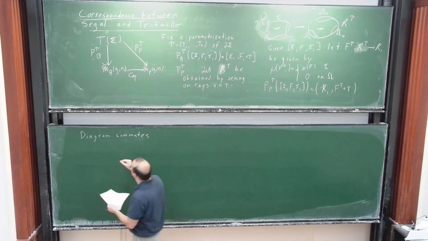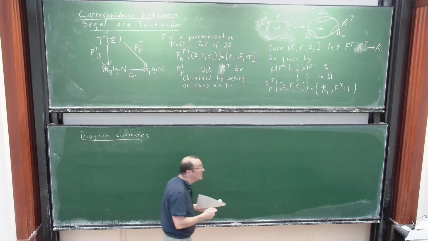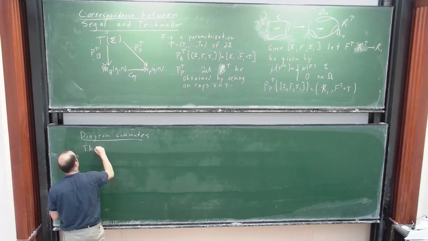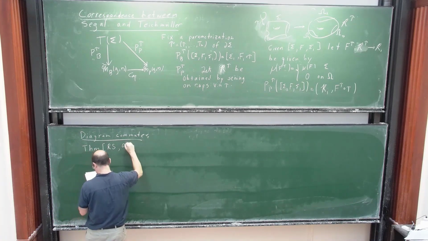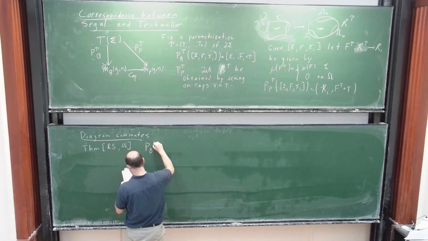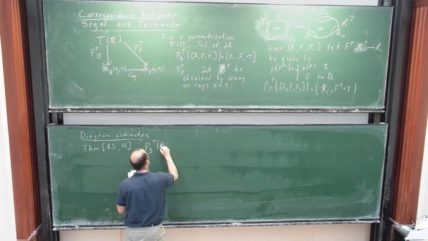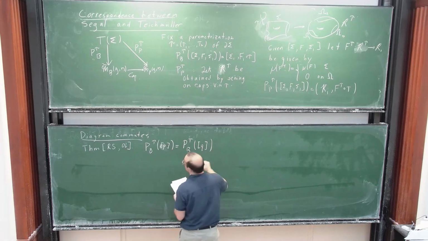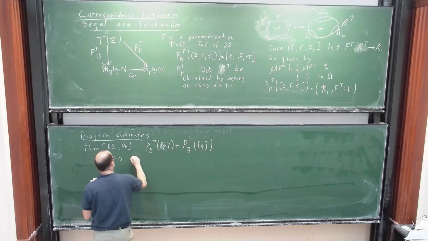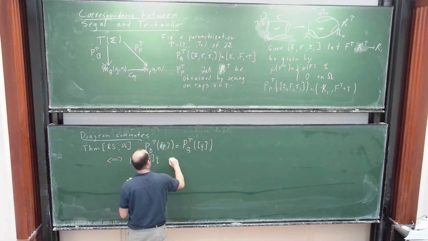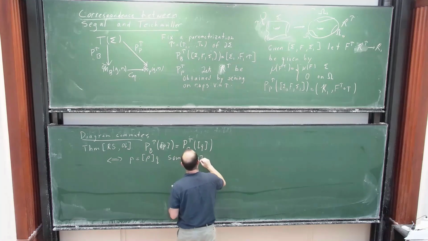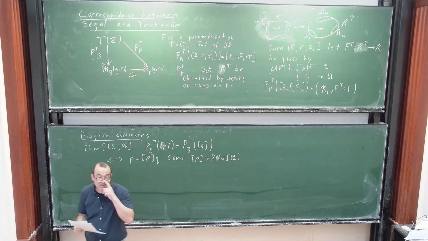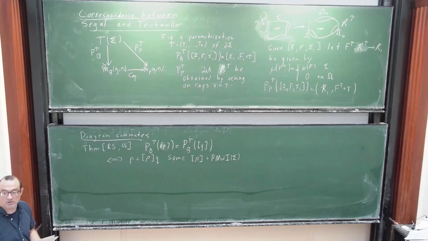And this is also David and I. We have that P B tau of P equals P tau B of Q if and only if P is rho Q for some rho in P mod I. So this is exactly what you have to mod out by to get the Segal moduli space.